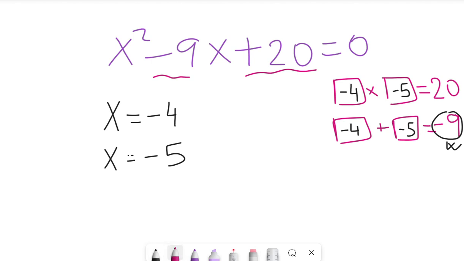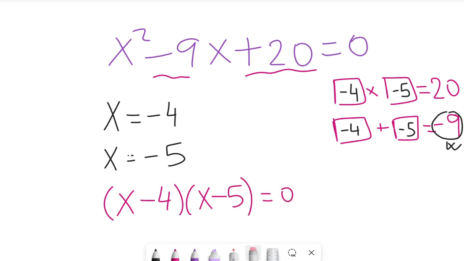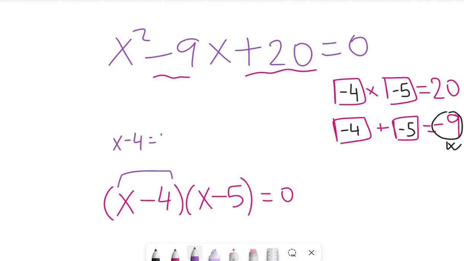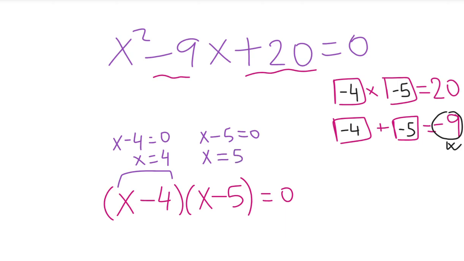But that is not our answer. This only means that we factorize it as (x minus 4)(x minus 5) equal to 0. If that is equal to 0, then what are the solutions? x minus 4 is equal to 0 means that x is equal to 4. x minus 5 is equal to 0 means that x is equal to 5.